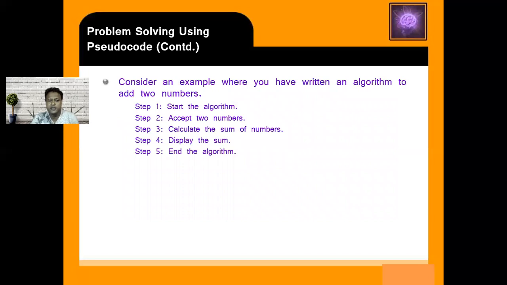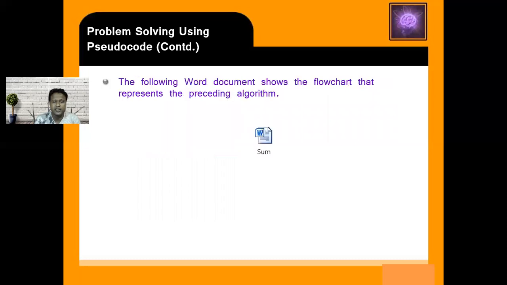So consider an example where you have written an algorithm to add two numbers: start the algorithm, accept two numbers, calculate the sum of the numbers, display the sum, and end the algorithm. This is normally how we represent adding two numbers in an algorithm.